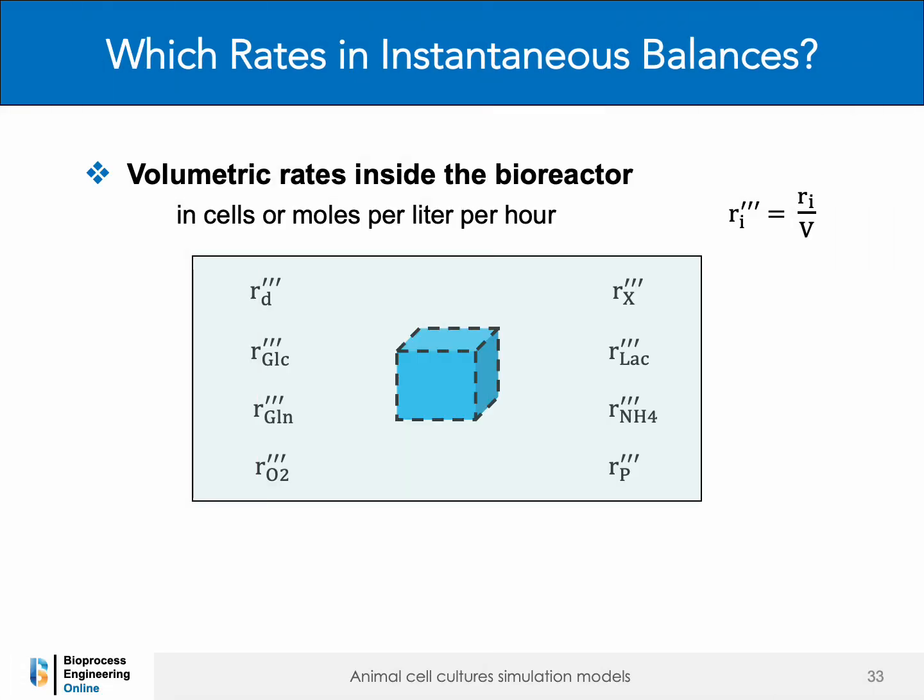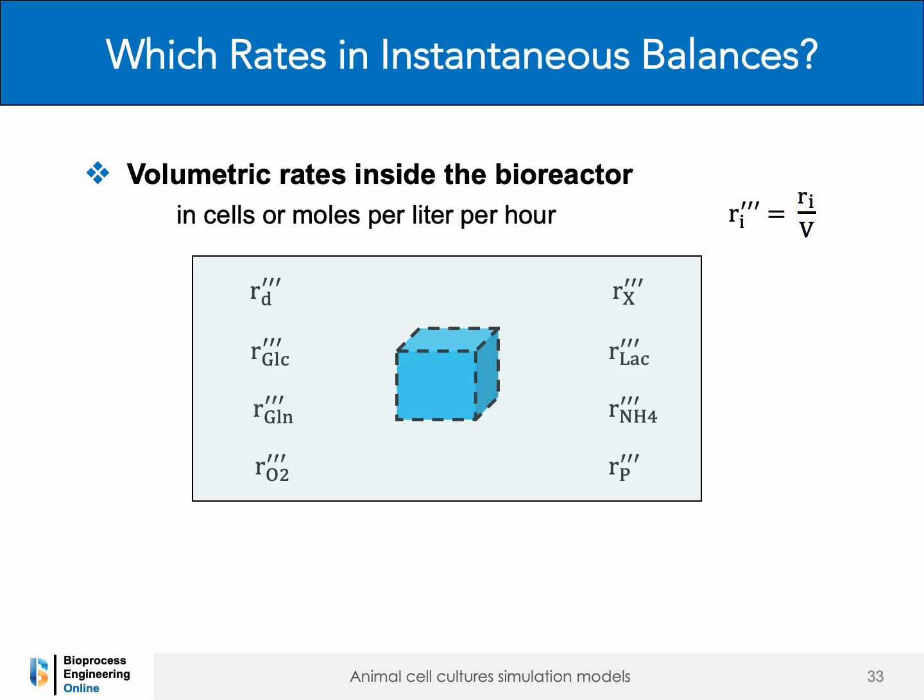If the bioreactor is well stirred, the concentrations can be considered uniform throughout the culture medium. We can then introduce the volumetric biotransformation rates, expressed either in cells per liter per hour or in moles per liter per hour. A volumetric rate is simply the corresponding global rate divided by the volume of culture medium inside the bioreactor.